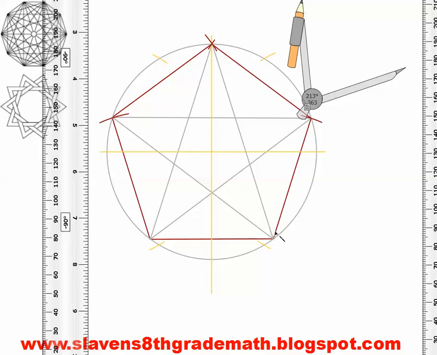So now we are going to connect our vertex with this crossing point, and I'll extend it through so that I go through the circle, and it should go through the middle. So through the middle, through this point, through the middle, through this point.